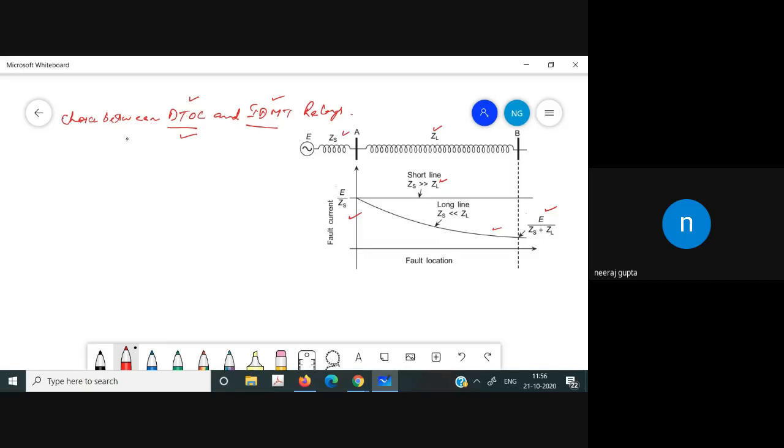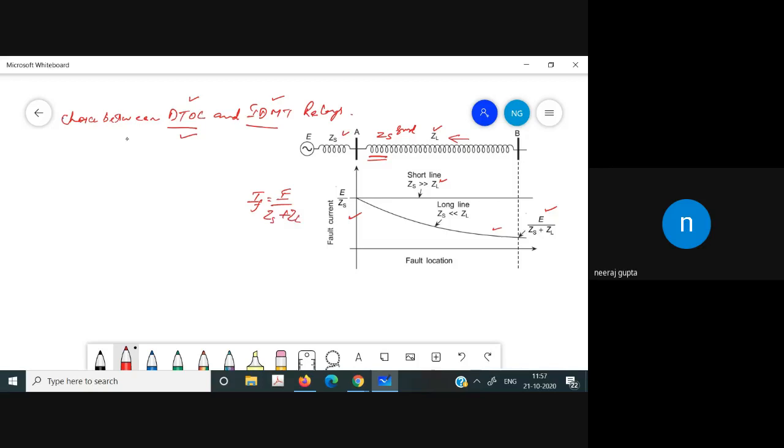Now, if the line is short, ZL is very small, and the fault current IF is equal to E divided by ZS plus ZL.